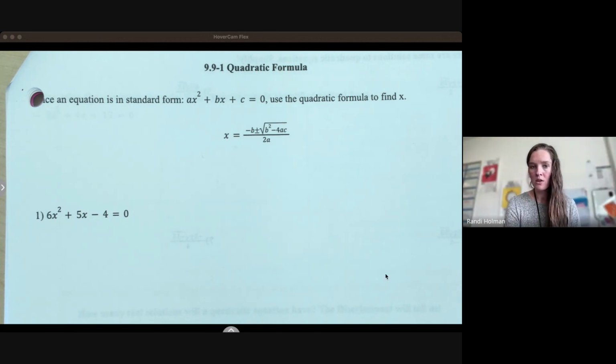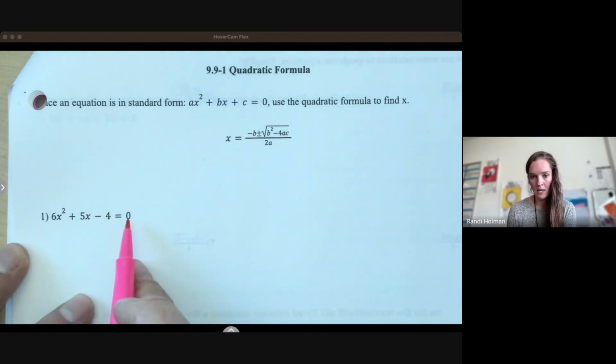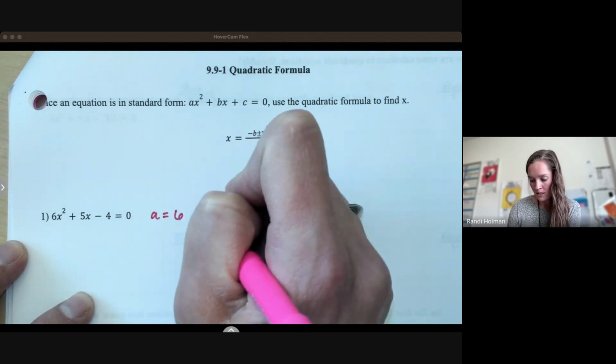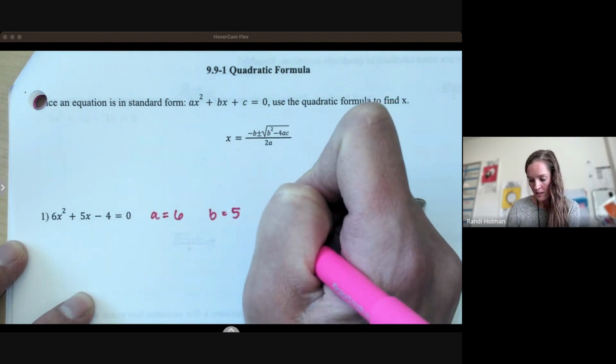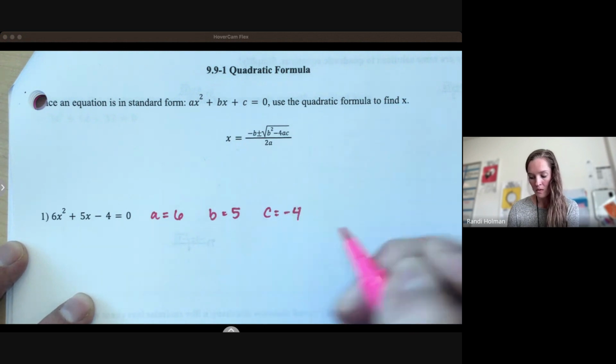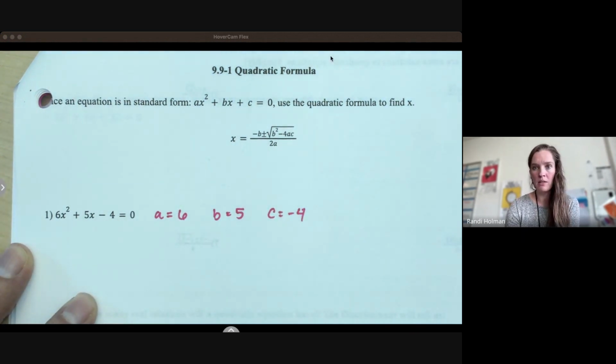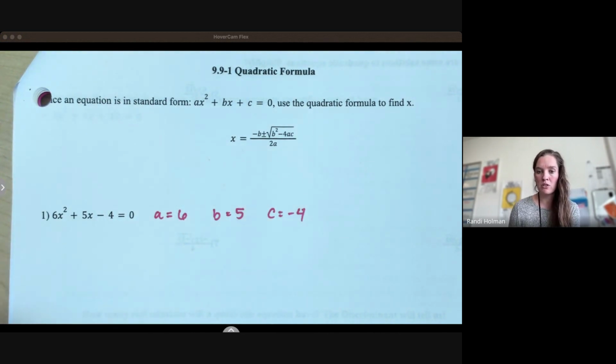Okay, so if we are going to use the quadratic formula, we first need to make sure it's in standard form. Once we're in standard form, ax squared plus bx plus c, identify what is a, what is b, and what is c. A is what you're multiplying your x squared term by, b is what you are multiplying your x term by, and c is your constant at the end, making sure you keep the signs with them.